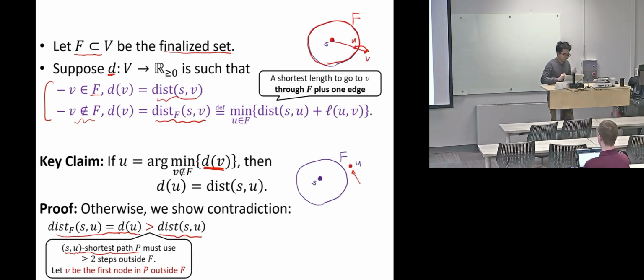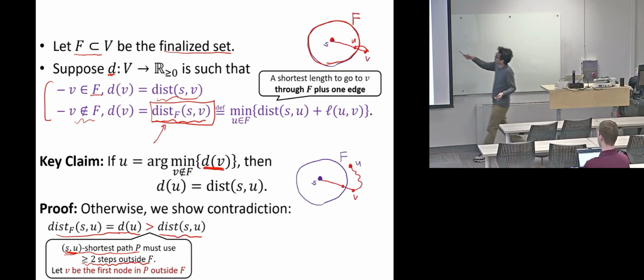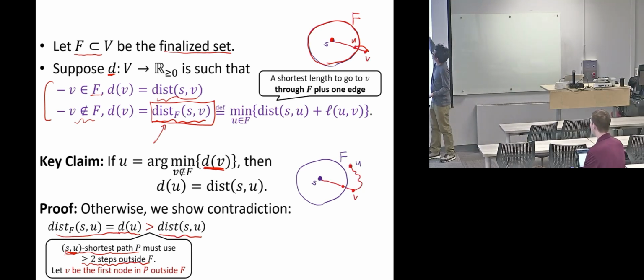This can happen only because the shortest path from S to U needs to use more than 1 step outside F, because the definition of this F distance is the shortest path that goes to that node through F and just one edge, 1 more step outside F. But this guy is worse. So now it means that the real distance must use at least 2 steps outside.